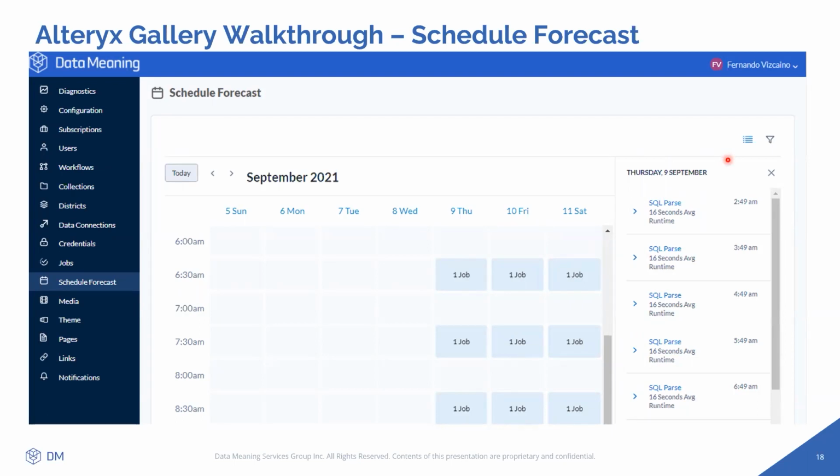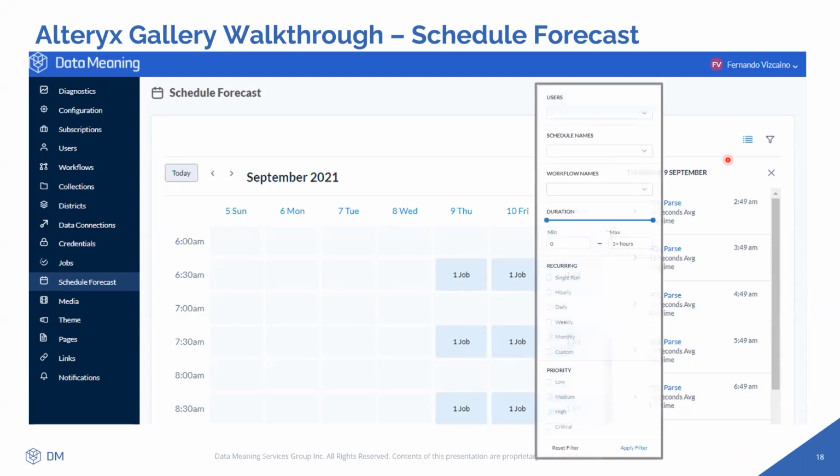You will be able to analyze users, jobs from specific users, and schedules from workflows. You can analyze whether you need to scale your server or if you have a user that is messing around with schedules and not doing a good job with that, right?